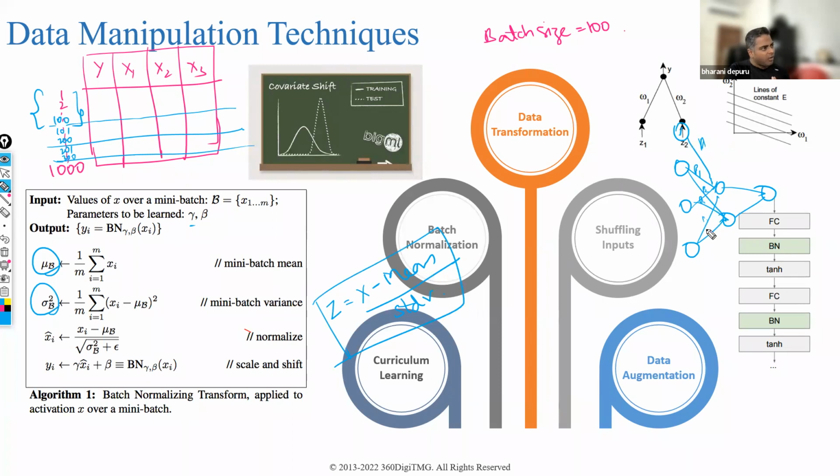This ensures that all the weights are in a specific range, such that mean equals 0 and standard deviation equals 1. You are already aware of Z transformation, normalization, standardization. That's the same thing that is being done here.